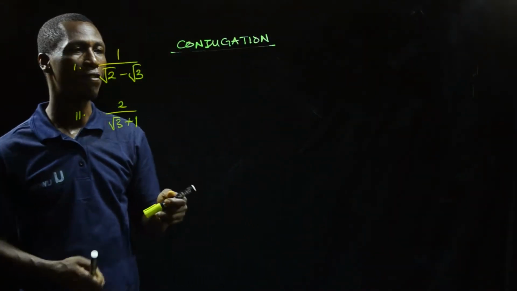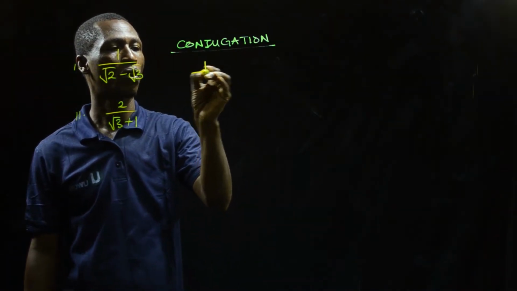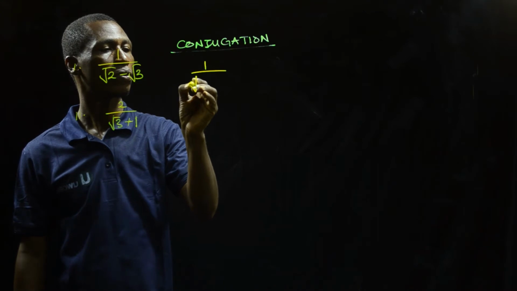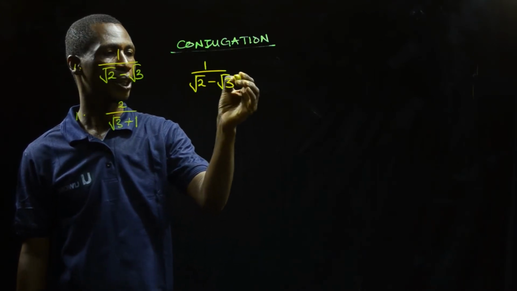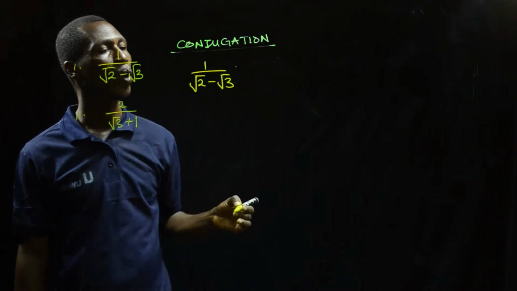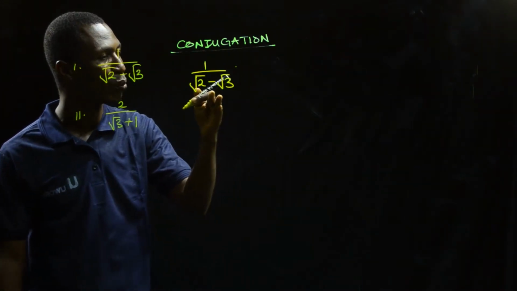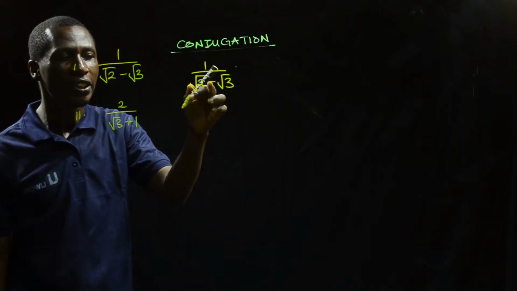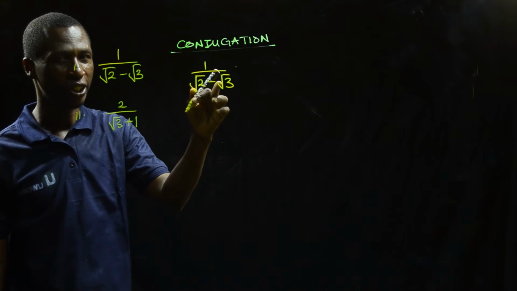So on taking the first part, we have 1 on root 2 minus root 3. Now, to work this out, you multiply the top and bottom by the conjugate of the denominator. But this time, the operation sign here will change. If it is positive, it becomes negative.